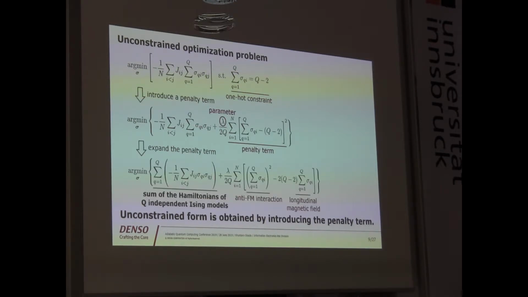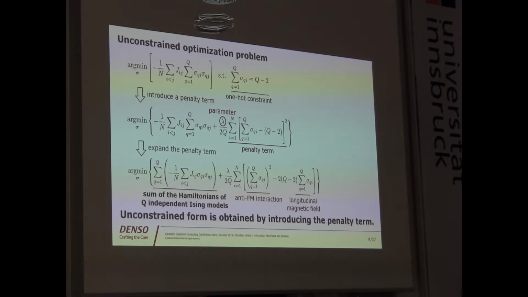In order to solve optimization problems using the deep quantum annealer, an unconstrained cost function is required, and it is achieved by introducing a penalty term. The second term is the penalty term, which is minimized only when the one-hot constraint is satisfied, and the parameter lambda controls the strength of the penalty term.